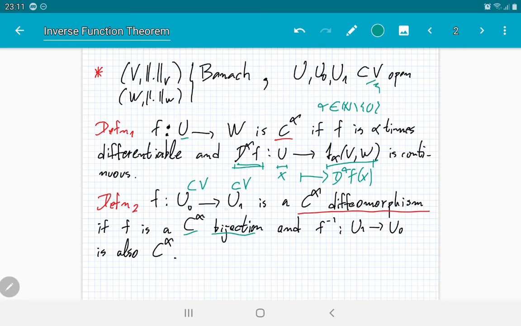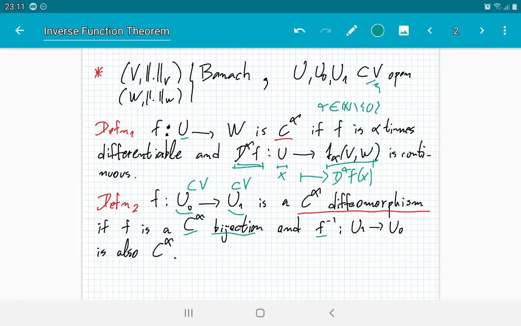So there's an inverse mapping from U0 to U1, and this inverse mapping f minus 1 is also C alpha. So when I have a C alpha diffeomorphism, not only do I have this function f pushing U0 to U1, which is a C alpha map, but I also have the opposite function, f minus 1 from U1 to U0, and that's also C alpha.